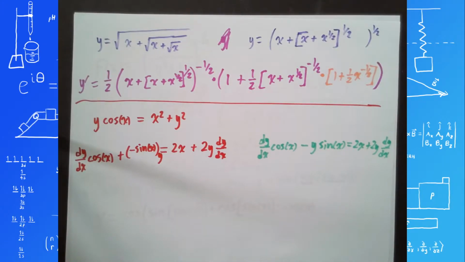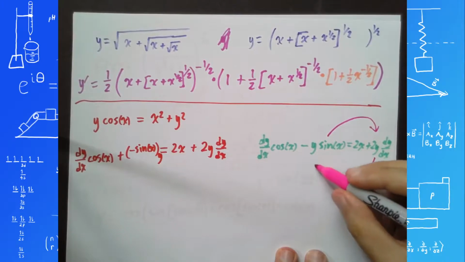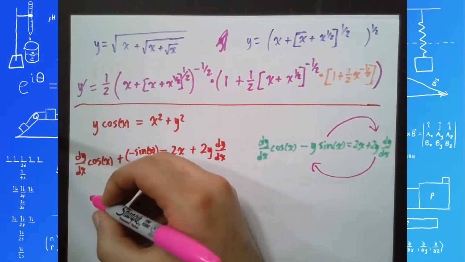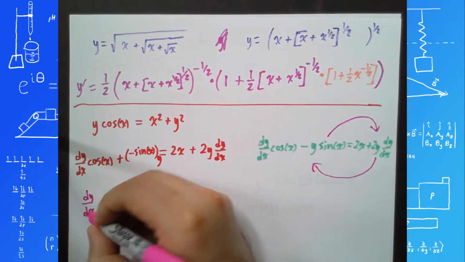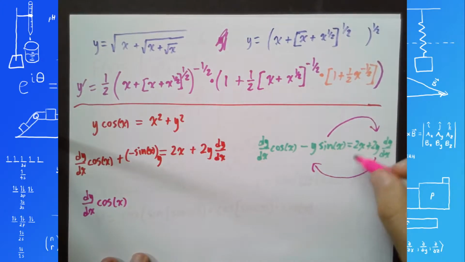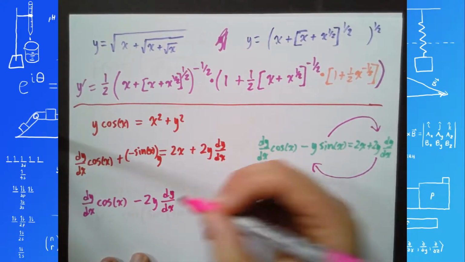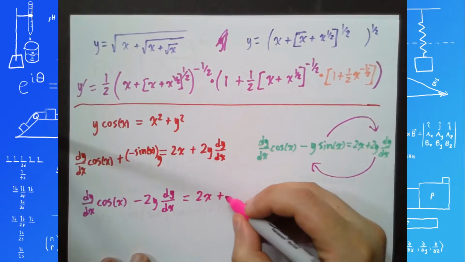Okay, we want to get all the dy dx terms by themselves, so let's go ahead and do that. I'm going to add y sine of x over to the right-hand side and subtract 2y dy dx over to the left. So we get, and I guess I'll write it here, dy dx cosine of x minus 2y dy dx equals 2x plus y sine of x.